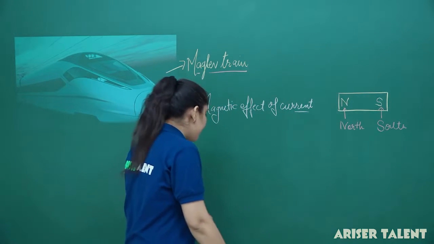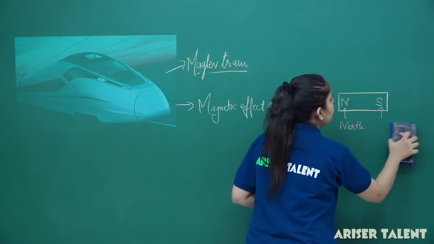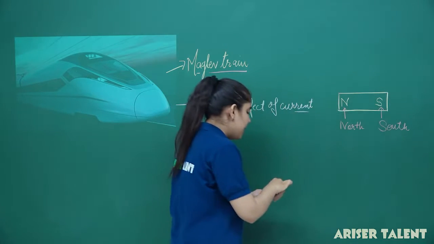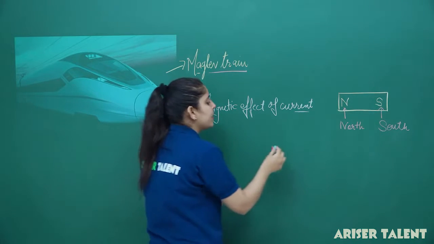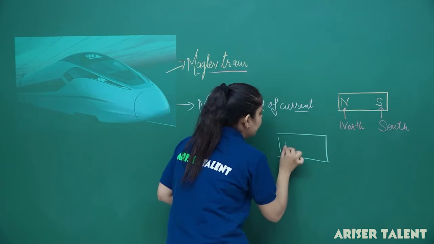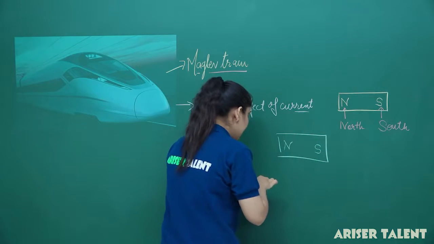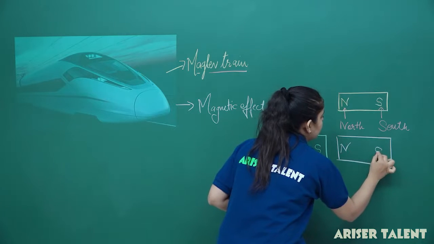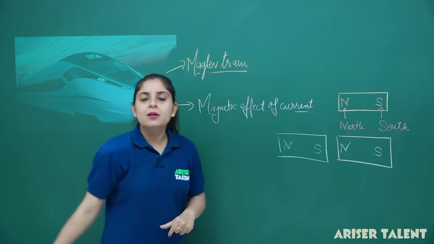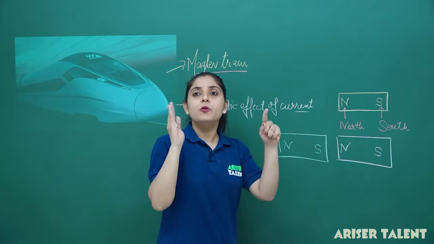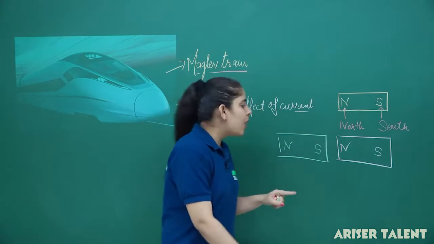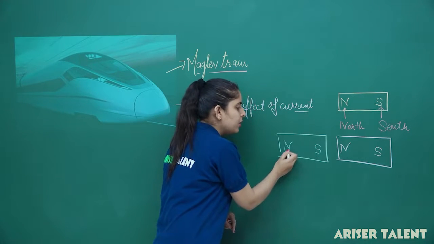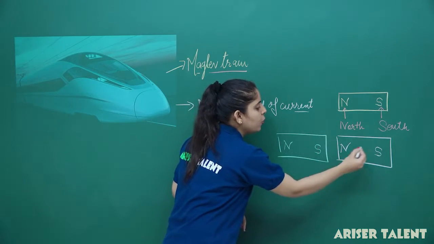Now what will happen if I take another magnet? Suppose I am taking two magnets here. This is magnet number 1, having north and south pole. This is magnet number 2, again having north and south pole. If you place them like that, there is a north, here it is south, again north, again south.